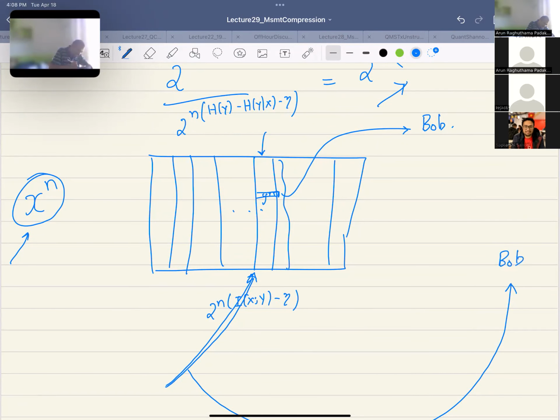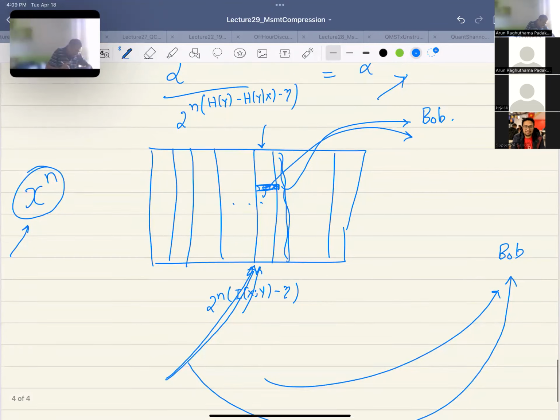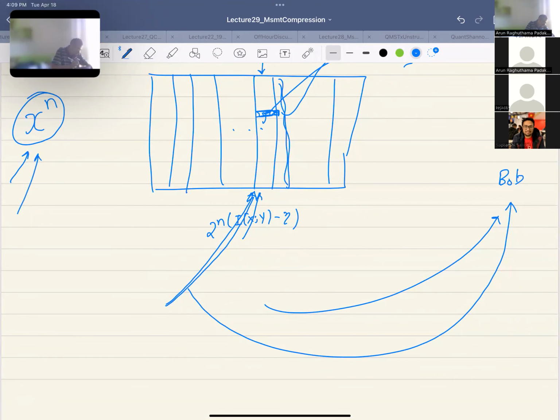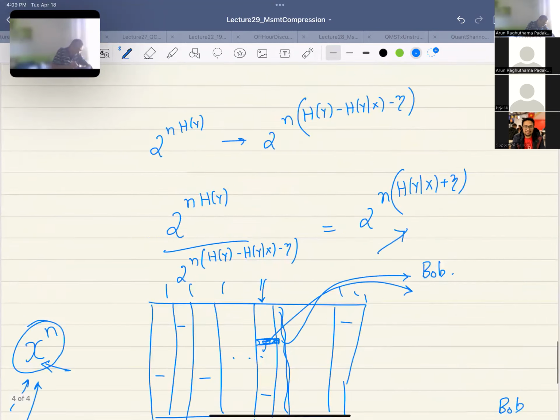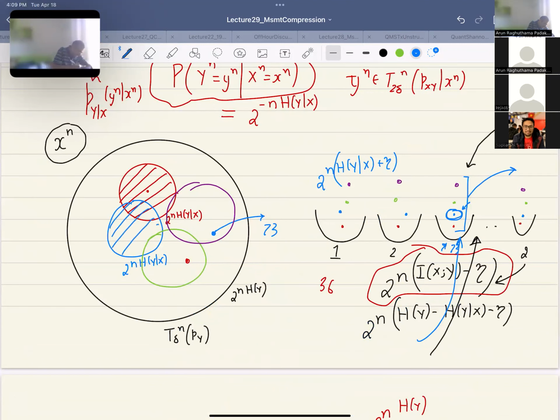So what Bob will do: Bob has got the index of the yn sequence in that bin. He's got the bin index because that is something completely random. Bob will figure out the yn and pull it out. Now see what happens if I fix my xn. Nature is going to uniformly pick from the bins, and Alice is going to uniformly pick from the conditional typical sequences in that bin, typical with the xn. So she's essentially simulating the uniform distribution in that conditional typical set.